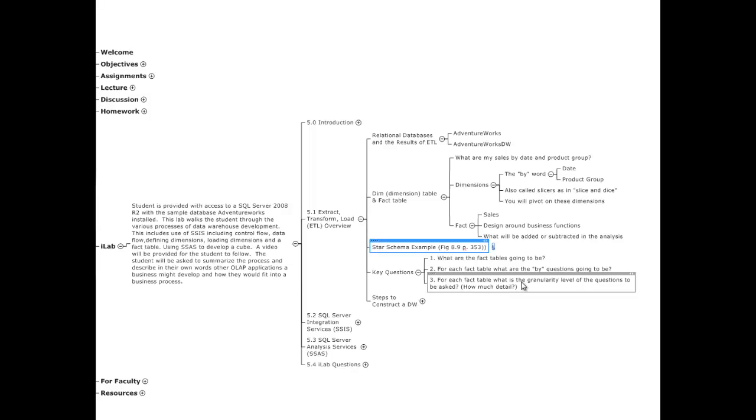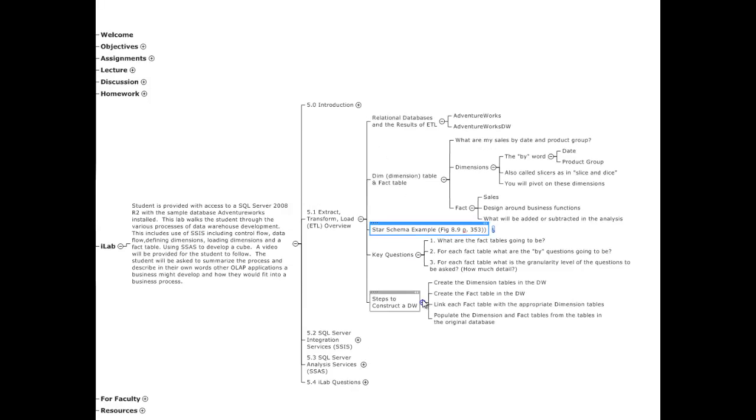So let's assume for the moment that we've identified all the fact tables we want and the corresponding dimension tables, and pretty well know the granularity level. How do we get a data warehouse? Well, the first thing we've got to do is take that relational database that we have and create the dimension tables themselves in the data warehouse.